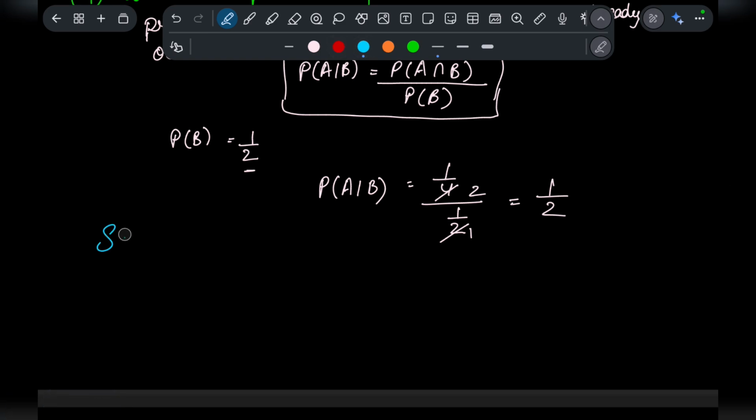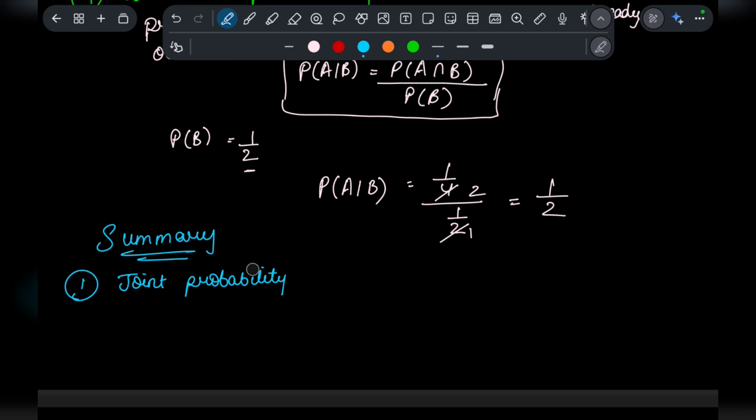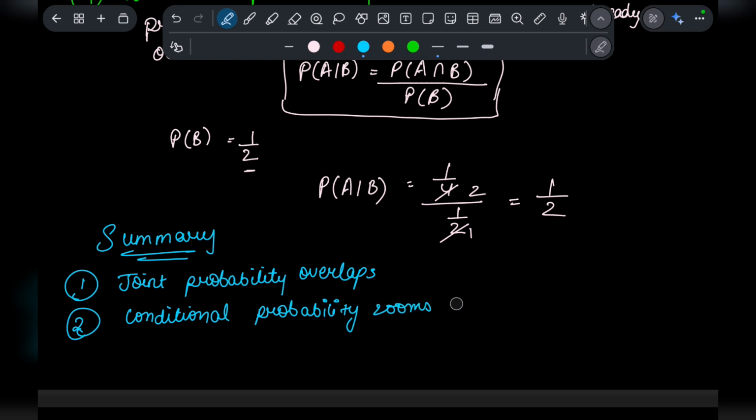First, joint probability looks at the overlap. Second, conditional probability zooms in on one event under the condition that the other has already happened.